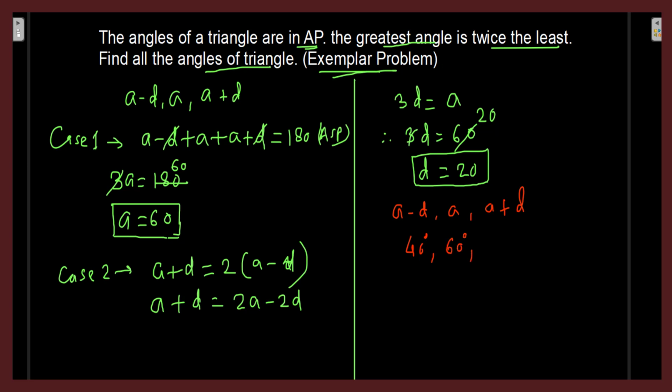And A plus D, that is 60 plus 20, that is 80 degrees. And therefore the required angles of a triangle are 40 degrees, 60 degrees and 80 degrees. So these are the angles of the triangle.